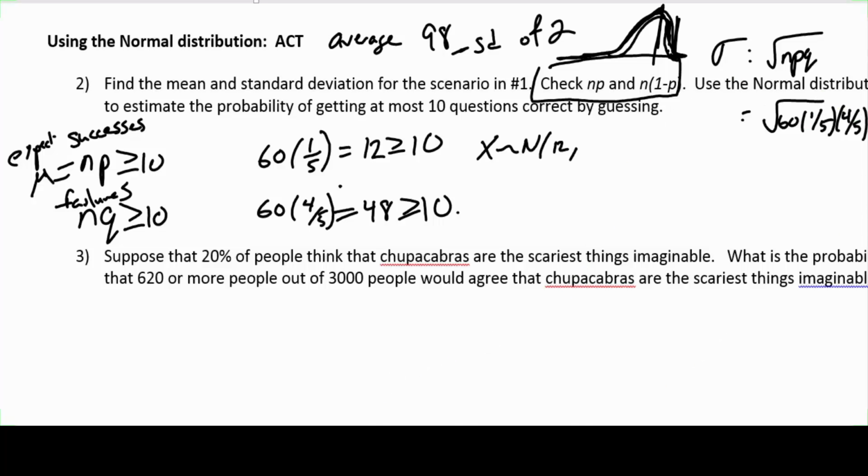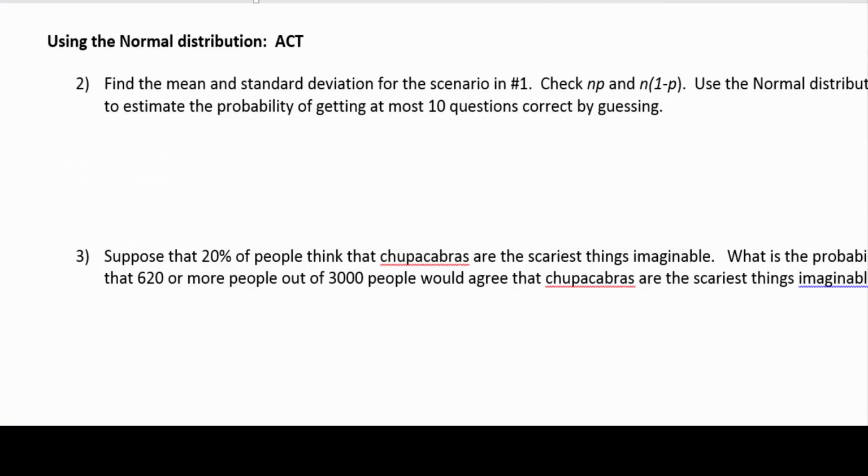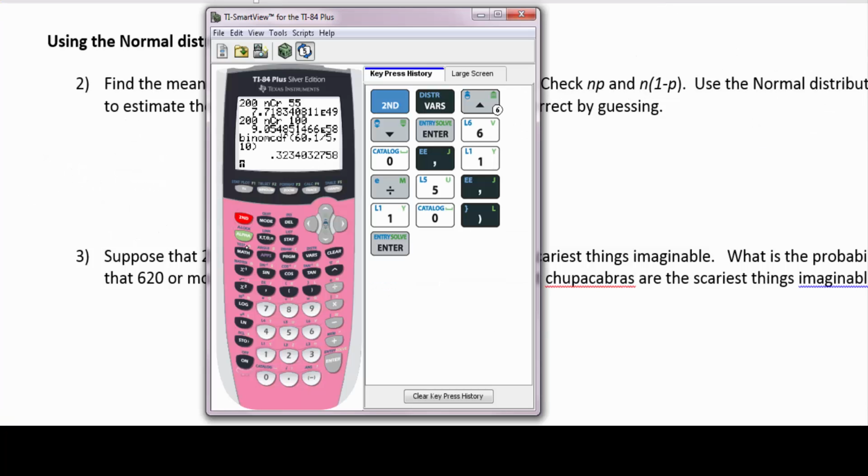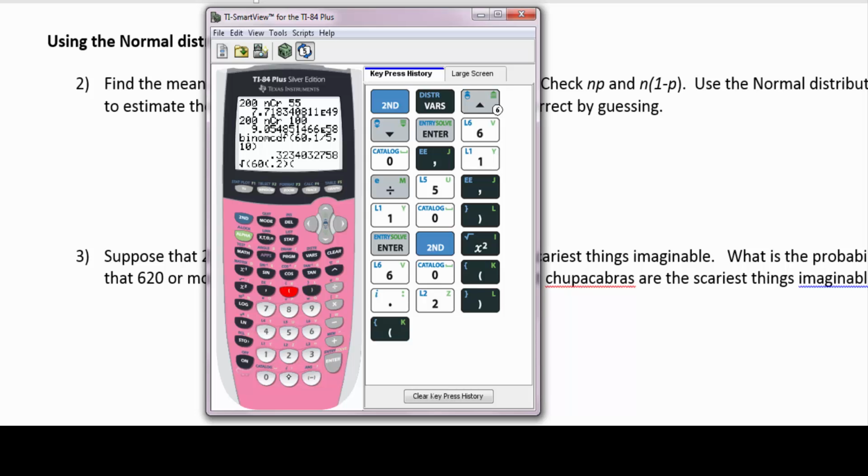So we have to figure that out. So let's grab that. Square root of 60 times 0.2 times 0.8. So we have a standard deviation of 3.098.